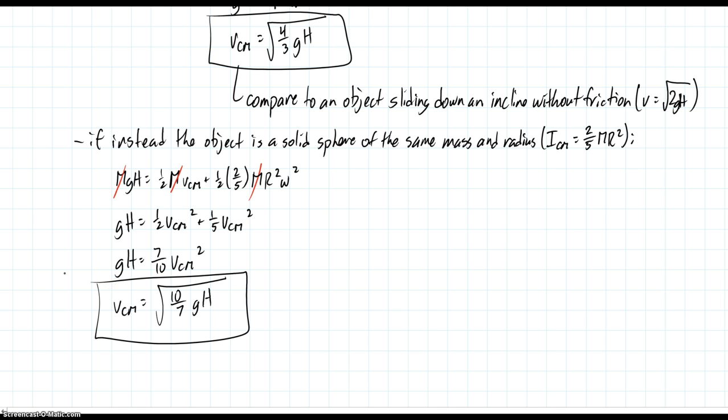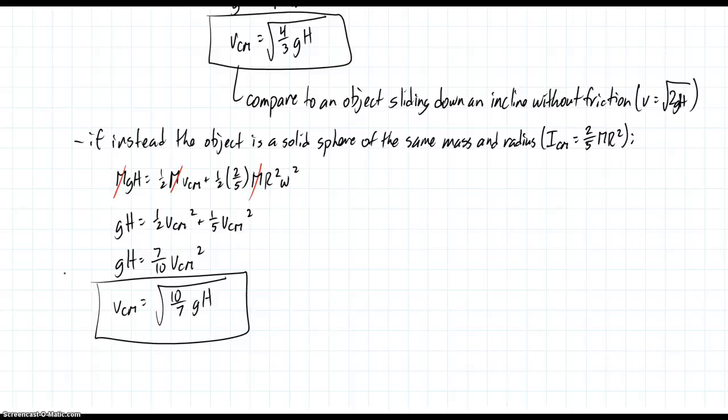And 10/7 is a little bit bigger than 4/3, and so this solid sphere would be moving just a little bit faster at the bottom than the solid cylinder would. Accordingly, if you put the solid sphere and the solid cylinder side by side, release them from rest at the same time, the solid sphere would get to the bottom of the incline a little bit sooner than the solid cylinder would.